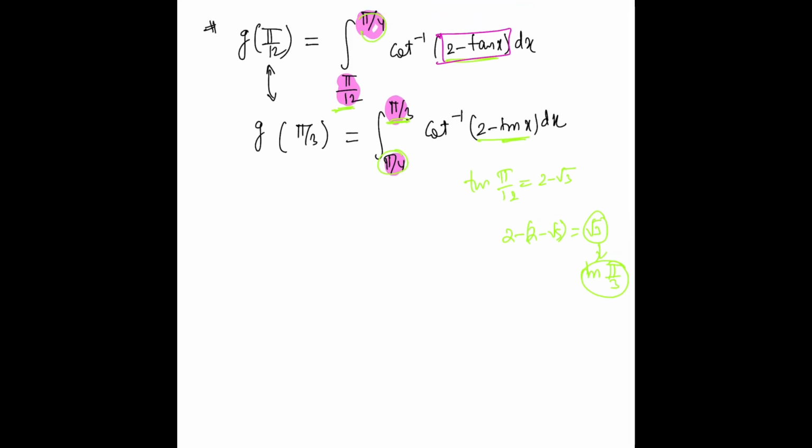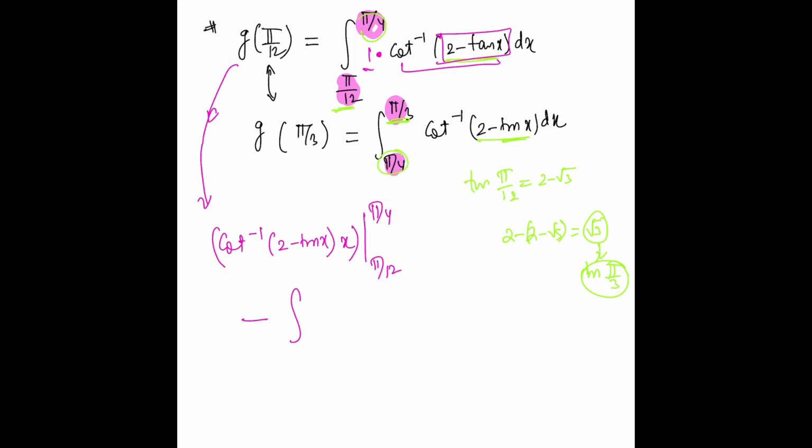Or the other way is to use integration by parts. So I'm using integration by parts on g of pi by 12, with 1 as the first function and f of x as second. So we'll leave cot inverse of 2 minus tan x, integrate 1, which is x, evaluated from pi by 12 to pi by 4, minus differentiate cot inverse and leave that.